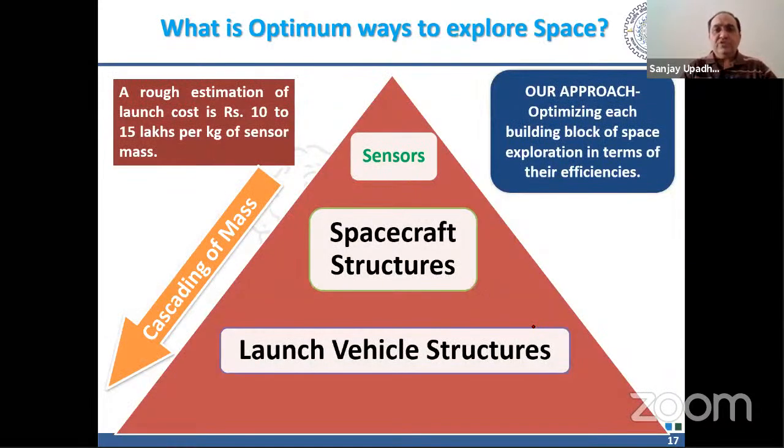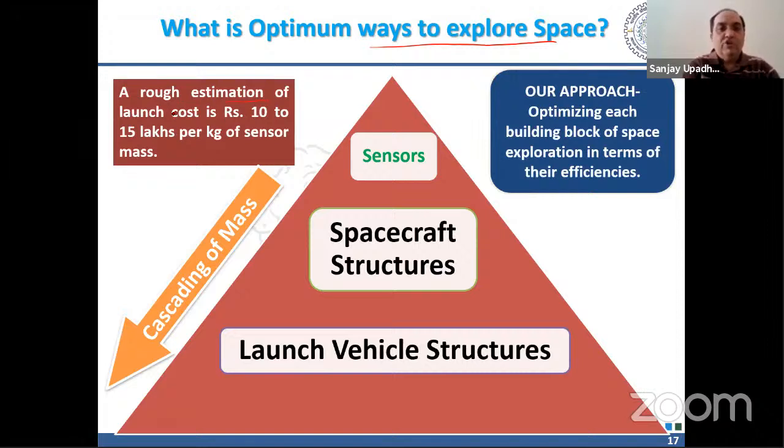What is the optimum way to explore space? The rough estimation of the launch cost is around 10 to 15 lakhs per kg of sensor mass. So our approach is to optimize each building block of space exploration in terms of efficiency.